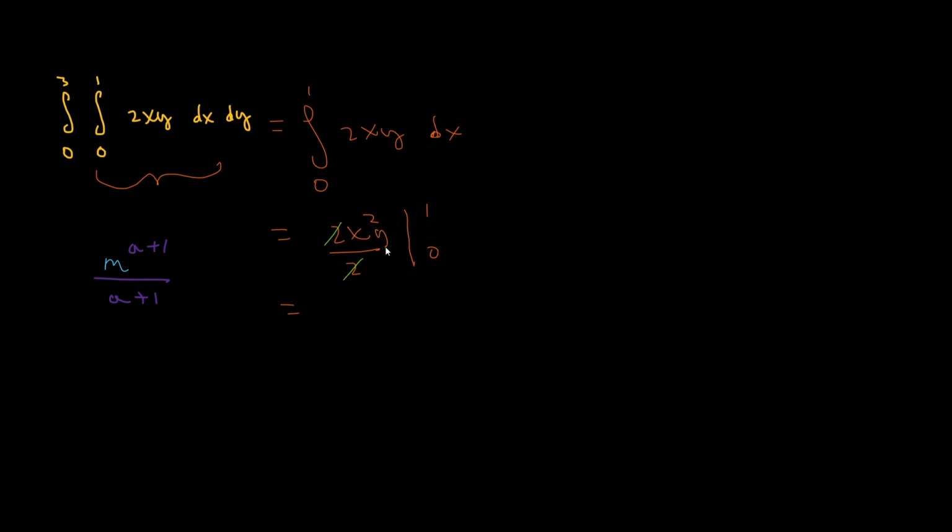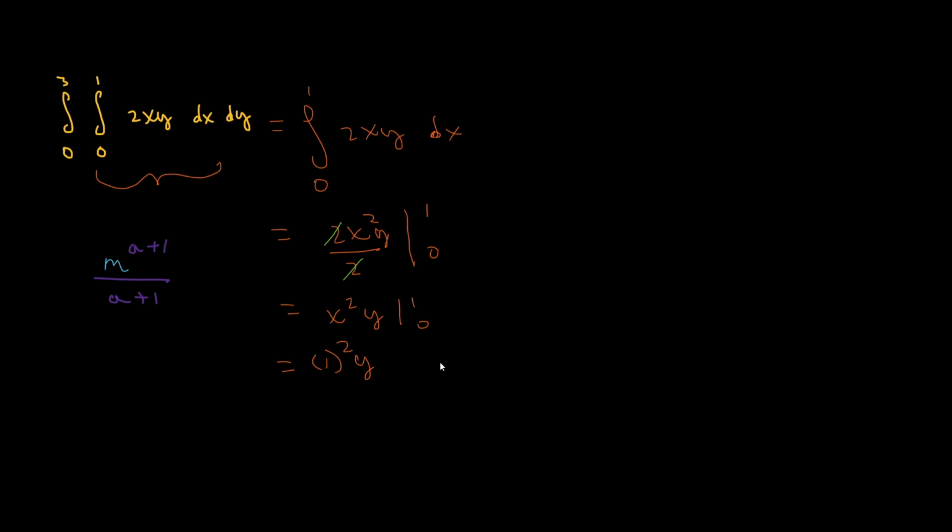And don't forget our y. We cannot leave our y behind. Okay. So we end up with x to the second times y. And now we can compute our boundaries, which is 1 to the second power minus 0 to the second power times y.